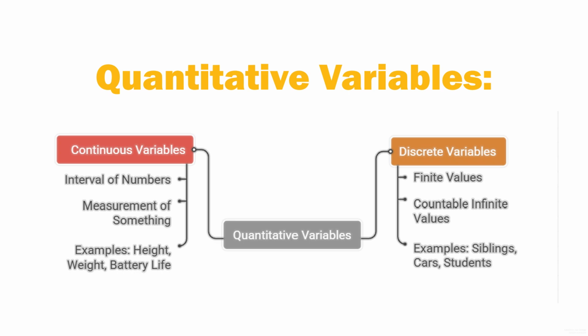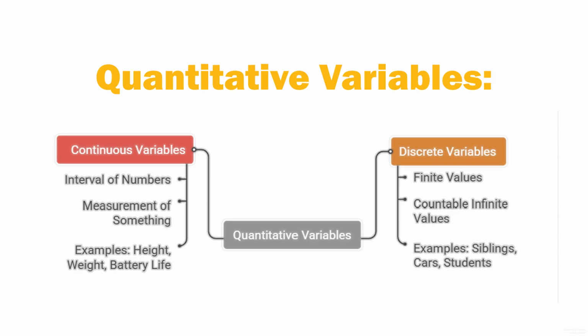And we can break this down even further, starting with our numerically valued variables or our quantitative variables. As you see, they can be further broken down into either discrete or continuous. A discrete variable is something that involves a count of something, whereas something that is continuous usually involves a measurement of something.